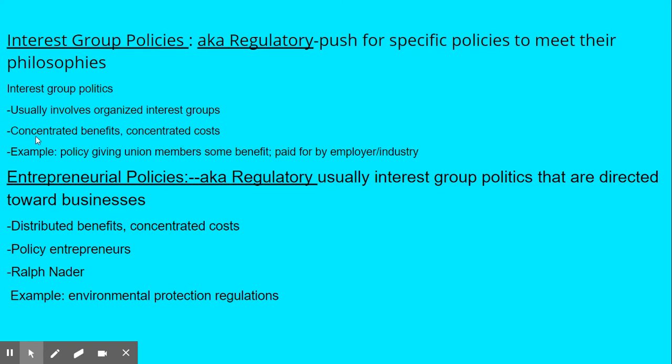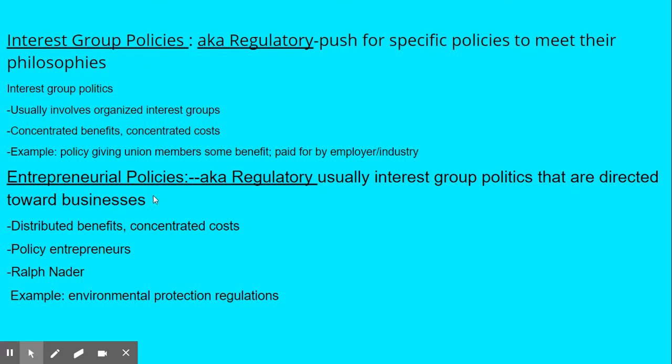So that small group benefits, and another small group would pay for it. Okay, so an example might be something that, let's say, union members in a particular industry benefit from, whatever it might be, and it's paid for by that employer or that company and/or the industry. So that small group is paying for it, and that small group is benefiting from it. Okay, so that's the difference between elite and interest.